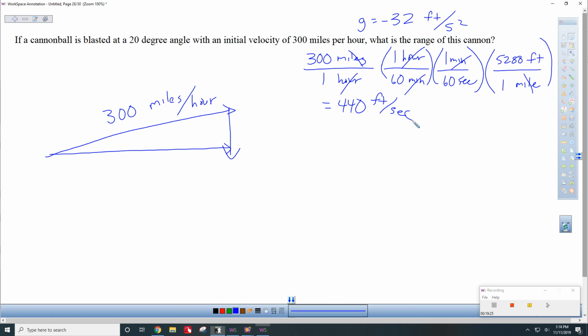All right. Now we know that this is 440 feet per second.